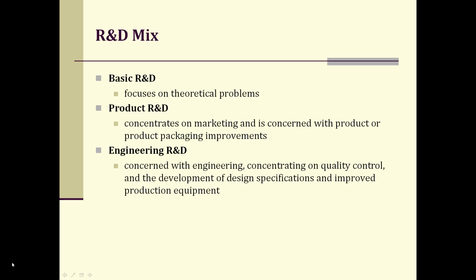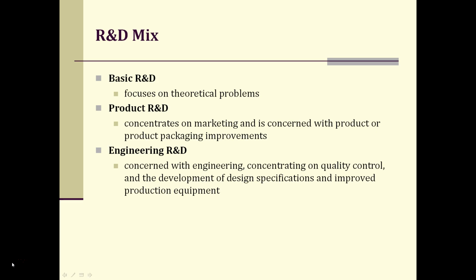Product research and development concentrates on marketing and is concerned with product or product packaging improvement. Engineering or process R&D is concerned with engineering, concentrating on quality control and on the development of design specifications and improved product equipment.